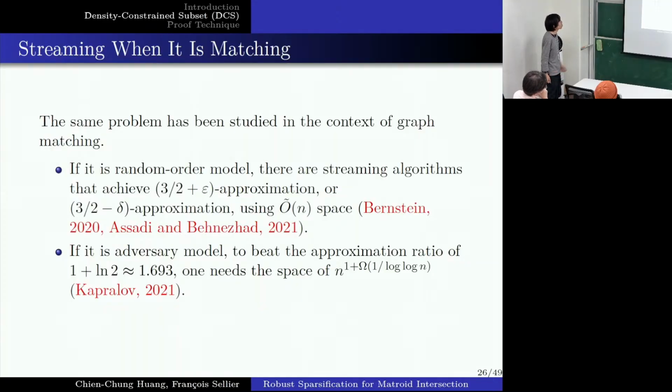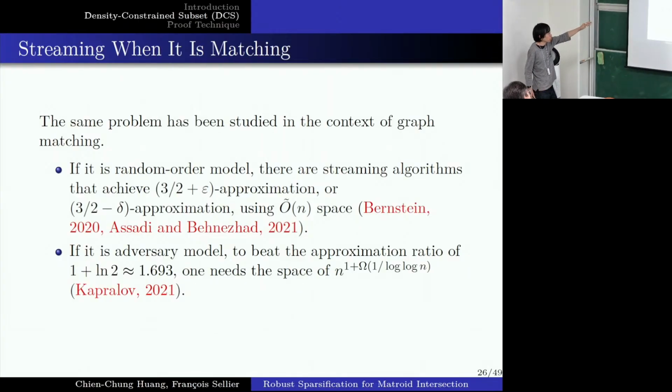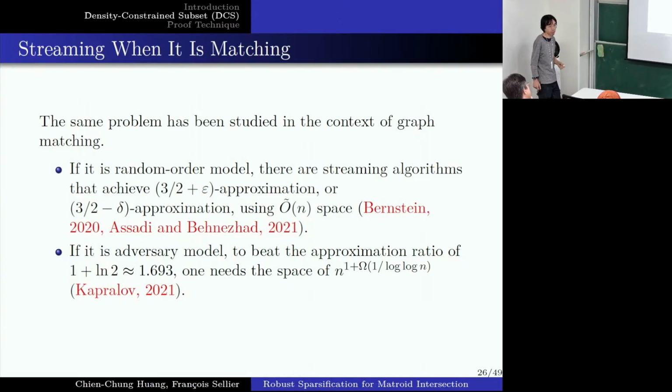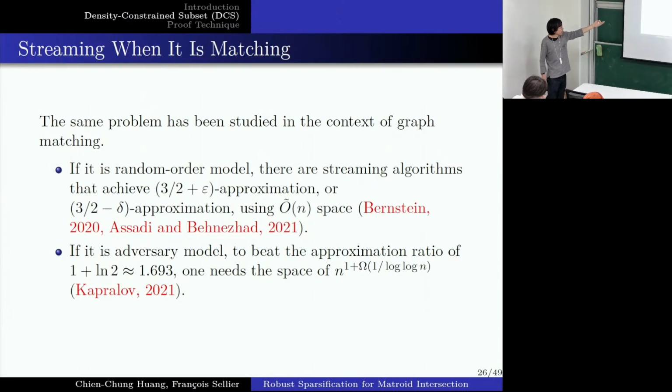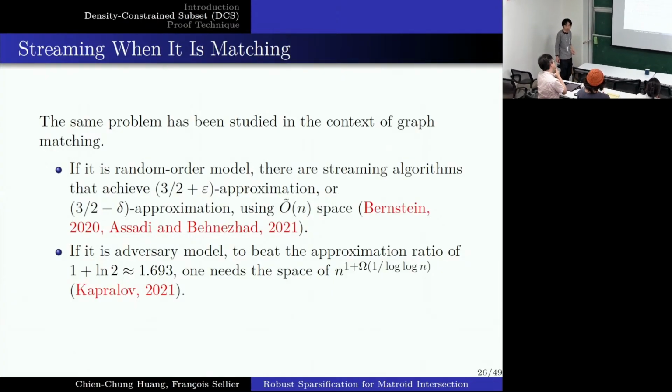Anyway, this problem has been studied in the case of graph matching. It is known that you can do, again, a 1.5 plus or minus epsilon approximation using roughly linear space. And again, it is known that the random order model is really easier, because in the adversarial model, to do better than 1.693 you need superlinear space.